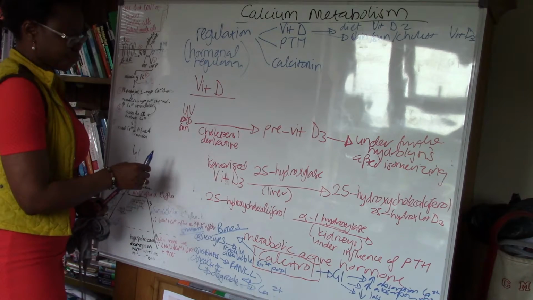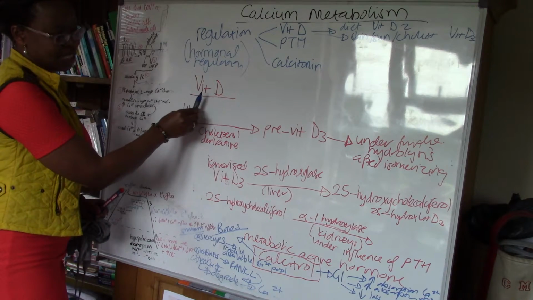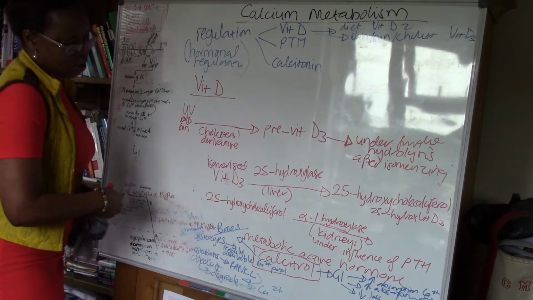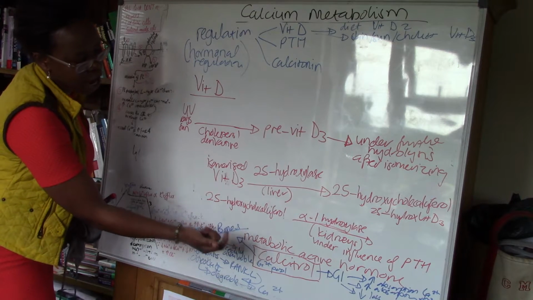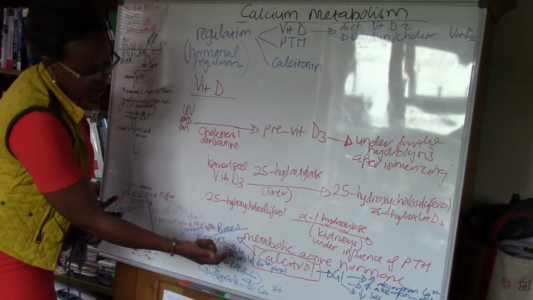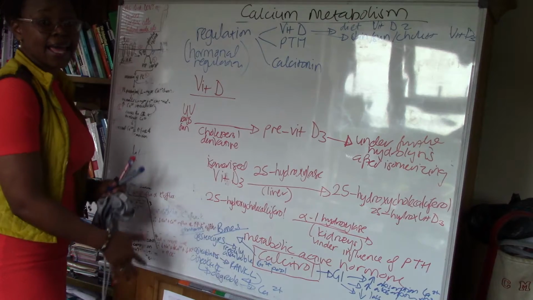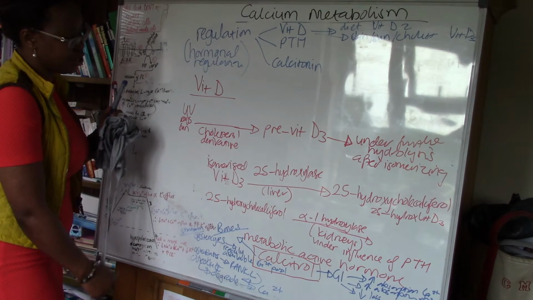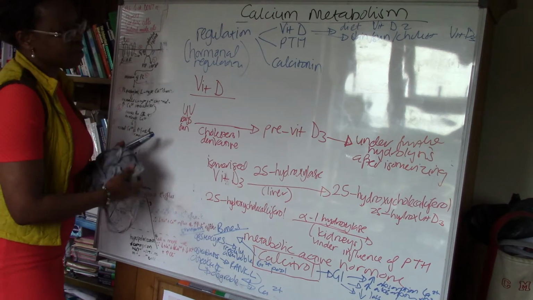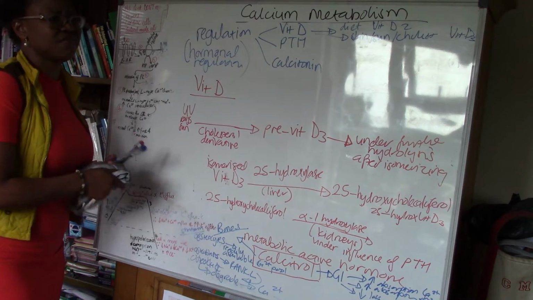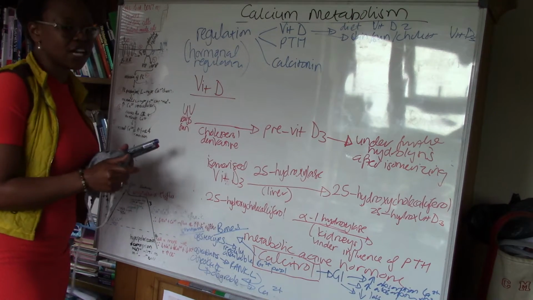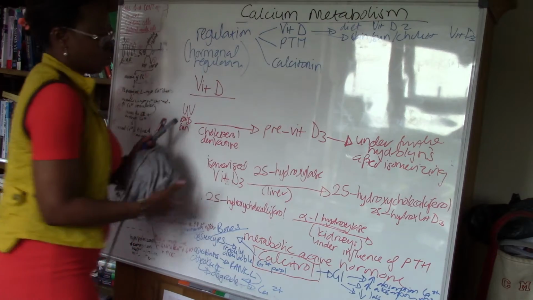And obviously when there is low vitamin D, the opposite will occur. However, vitamin D3 is not the main regulator. The main regulator is parathyroid hormone.